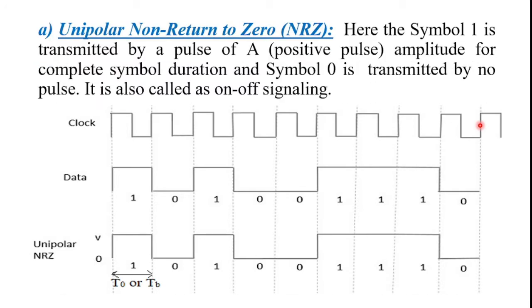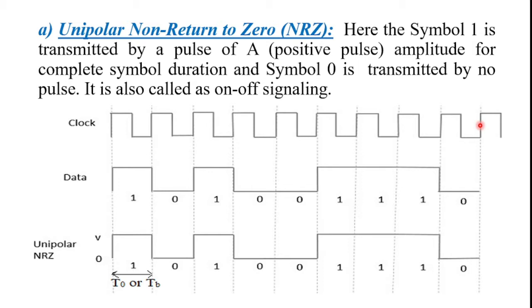And unipolar non-return to zero. What is unipolar non-return to zero? In this type of unipolar signaling, a high in data is represented by a positive pulse.